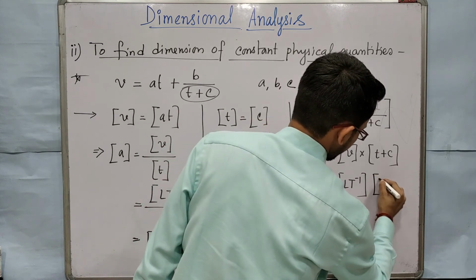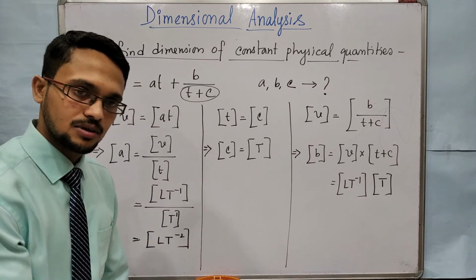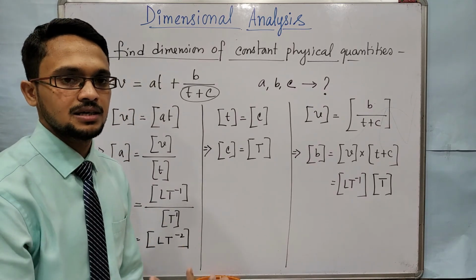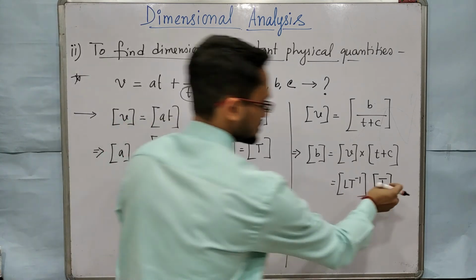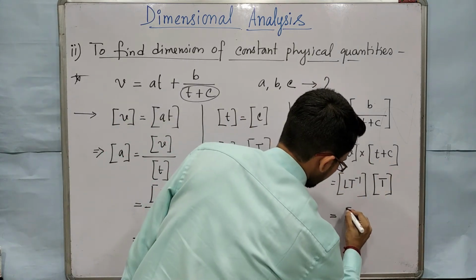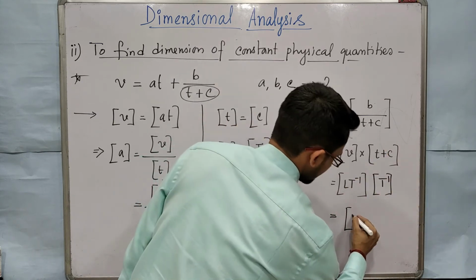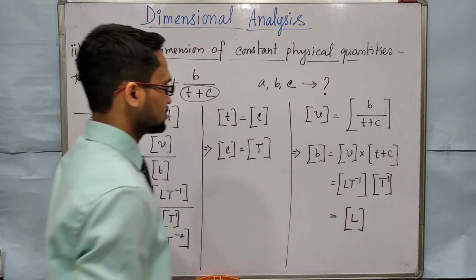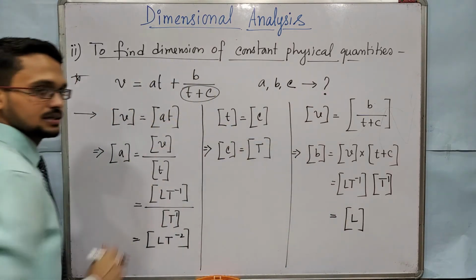After adding two similar quantities, we get that same quantity, like 5 kg plus 6 kg, we get 11 kg. So same dimension, T. At the end we get minus 1 and plus 1, which cancel out. So dimension of B is L. So we have the dimension of A, B and C.